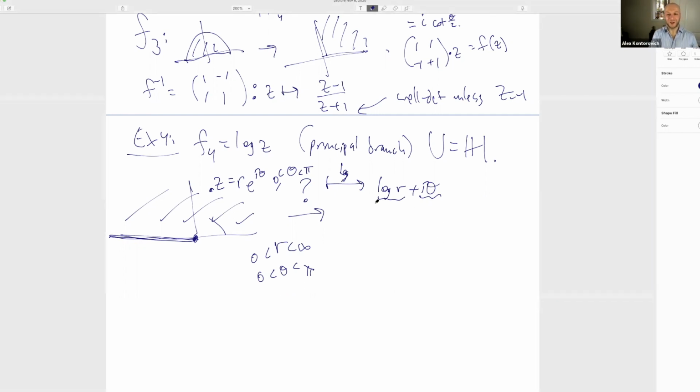So the real part ranges from what happens to the log function on 0 to infinity: log r goes from minus infinity to infinity. And theta just goes from 0 to pi. So what is that?